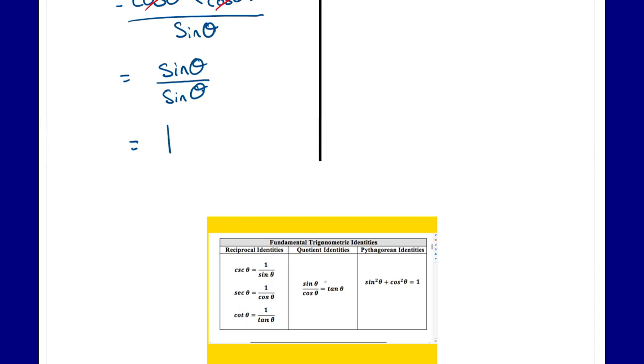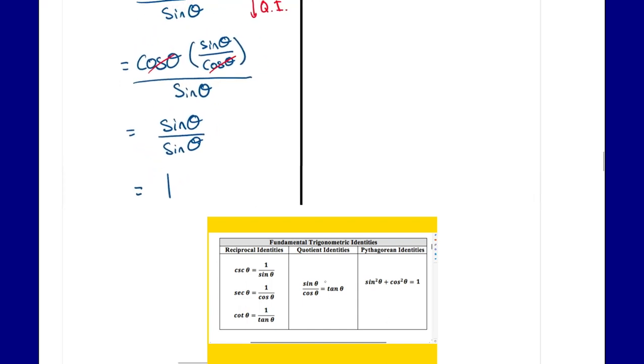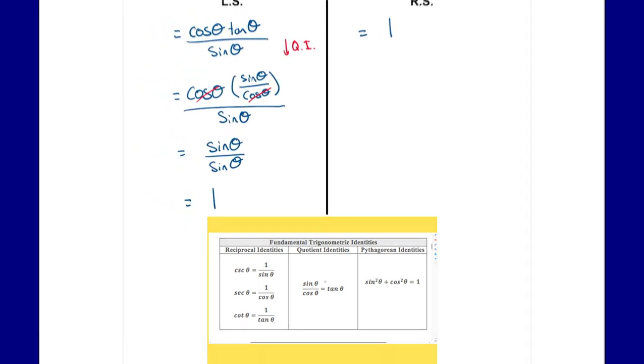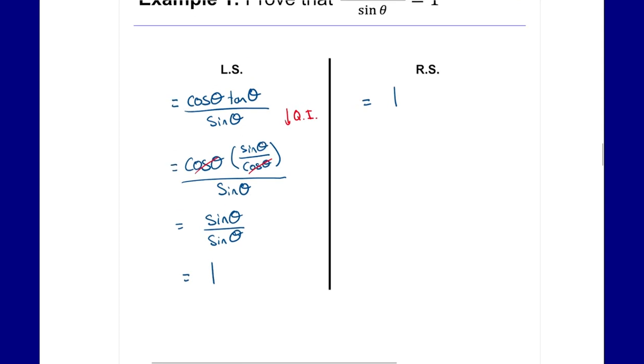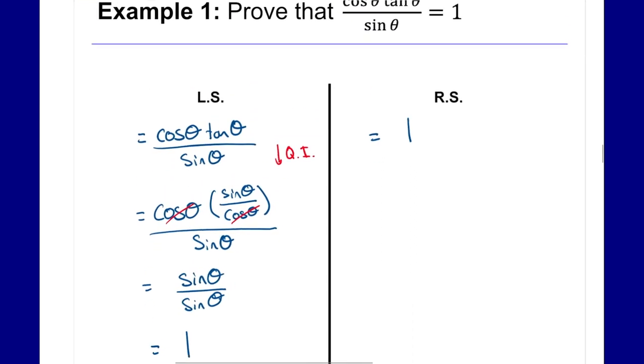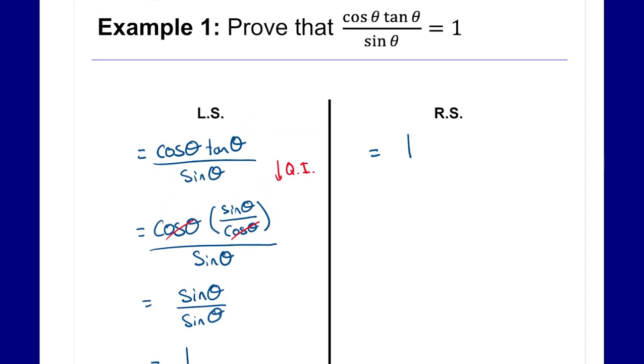It's the same thing on the top, same thing on the bottom. Sine theta divided by sine theta equals 1. So now when I look at my left side and right side, they both equal 1. So left side equals right side. So I've just proved that cosine theta times tan theta divided by sine theta equals 1. And that's what we're doing with these trig identities.